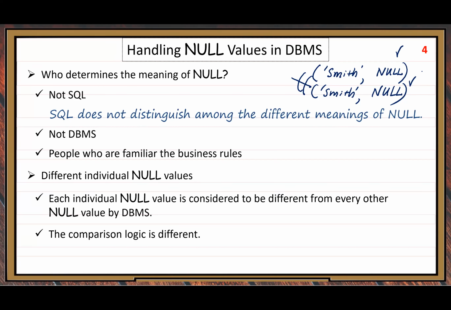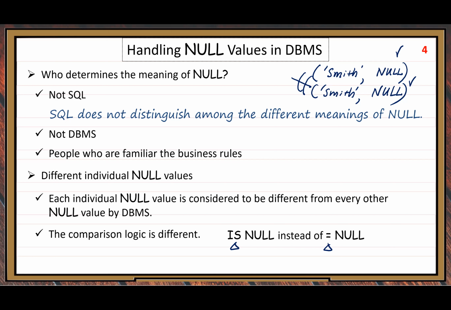When we compare null values, you should use IS NULL instead of equals null. When you compare whether a value is null or not, you should use the IS operator. You cannot use equals, because with IS NULL, the DBMS detects if this value is null or not, and it will tell you if it is a null value.